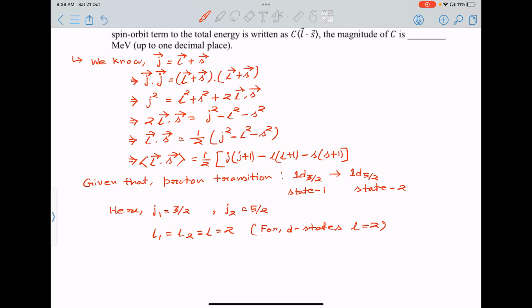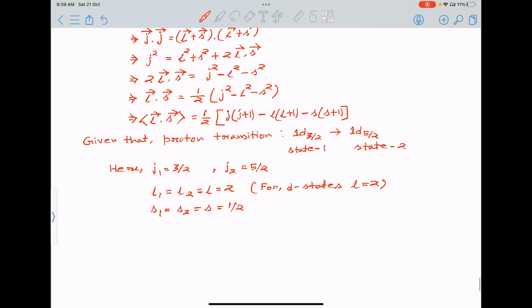L equals 2, and as the particles are protons, S1 corresponding to state 1 is also equal to S2 corresponding to state 2. Let me consider this constant as S, which is half. I can directly say that J1 equals L minus half and J2 equals L plus half.